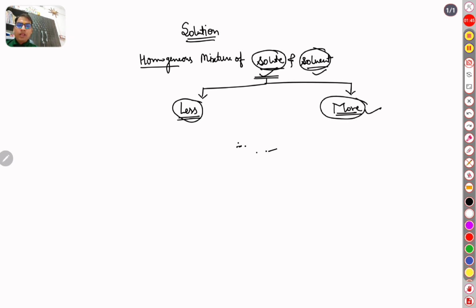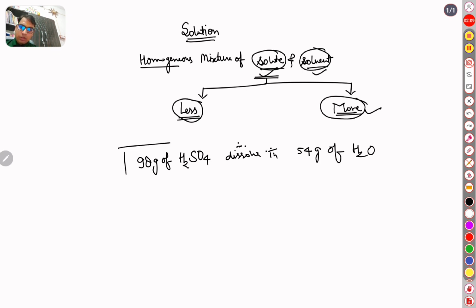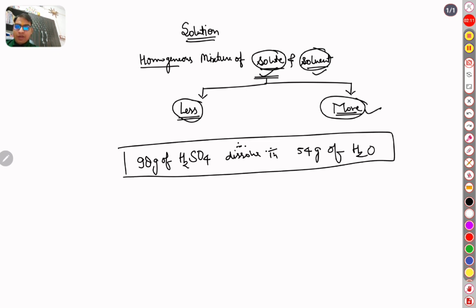As an example, suppose 98 gram of H2SO4 is dissolved in 54 gram of H2O. Can you identify which one is the solute and which one is the solvent?